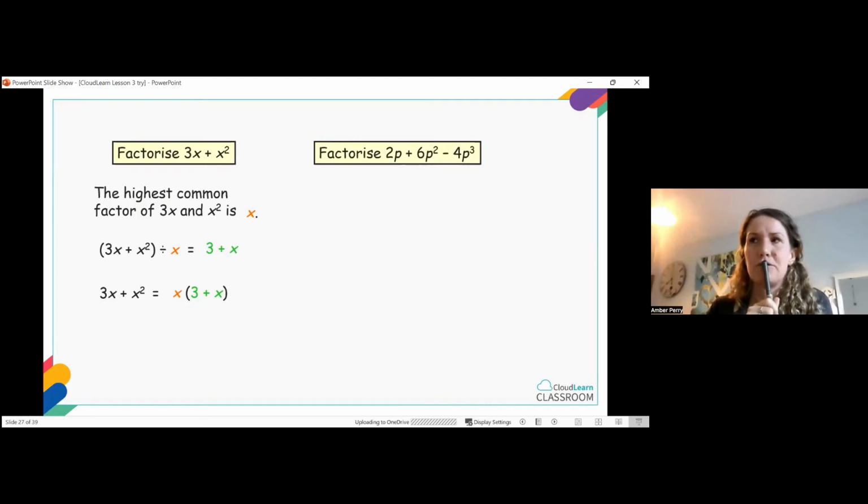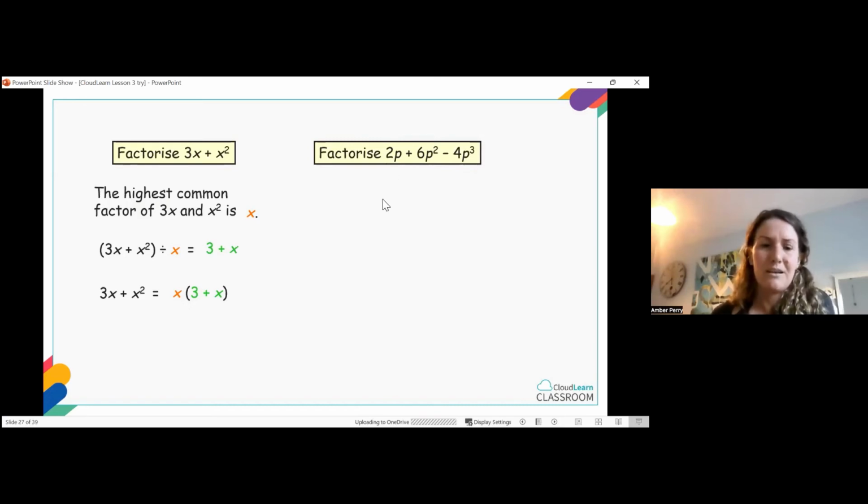See if you can improve on that. p is definitely a factor, so that is correct. Look at my numbers. I've got 2, 6, and minus 4. So what else is a factor? Brilliant. Yeah, well done. So the highest common factor of this is 2p, because 2p goes into each one of those terms. So if we look for the highest common factor, then we can get straight to the final answer quickly, basically.